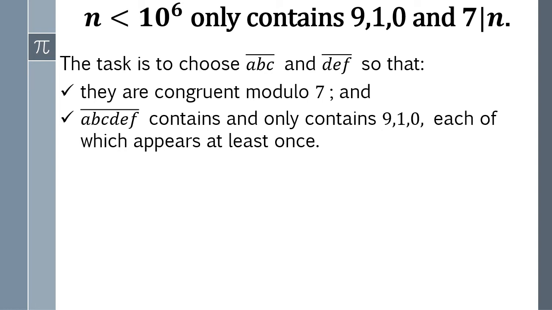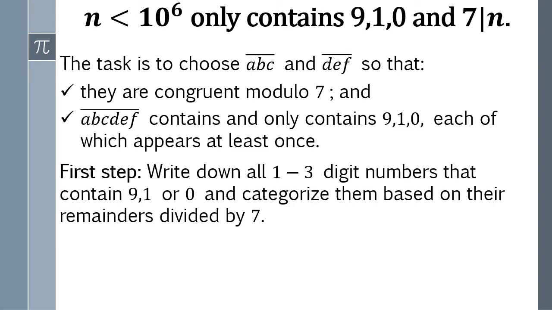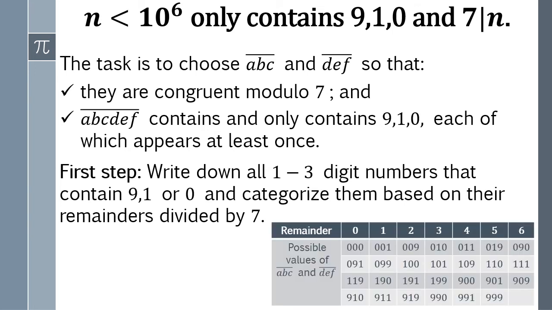So, knowing my task, the first step, I'm going to write down all 1, 2, 3 digit numbers that contain only 9, 1, or 0. And I will categorize those numbers based on their remainders divided by 7. And this is the table after I finish this step.